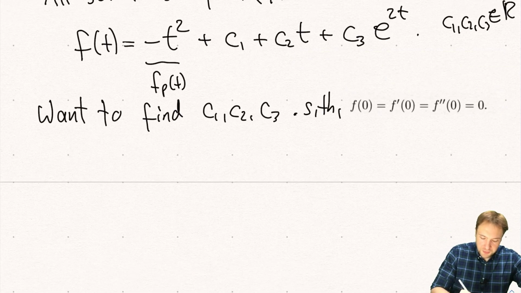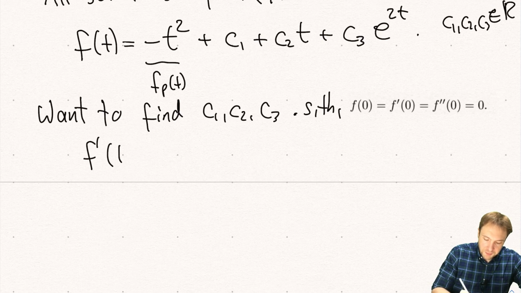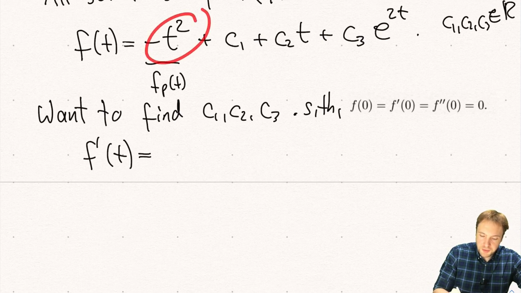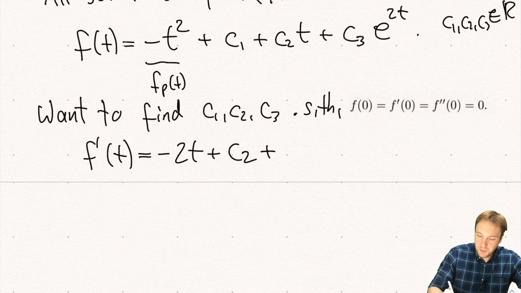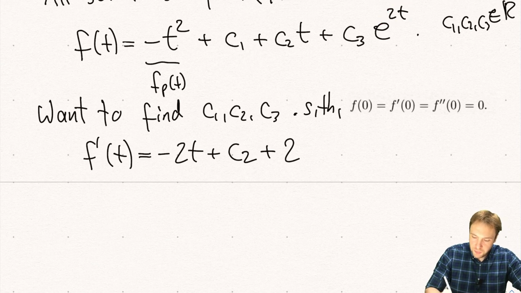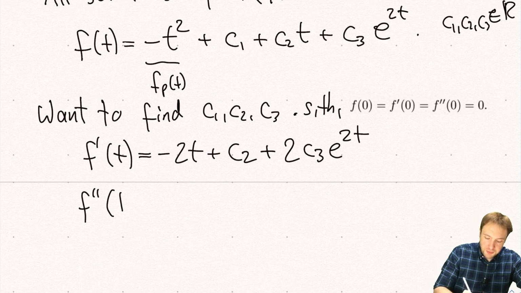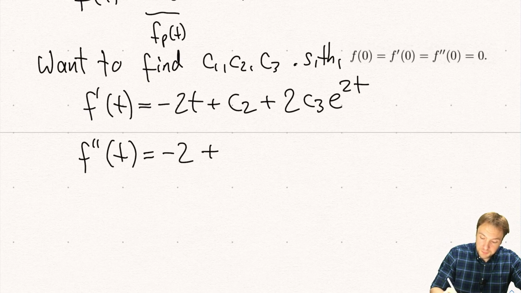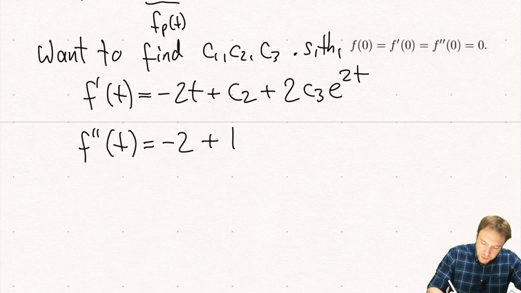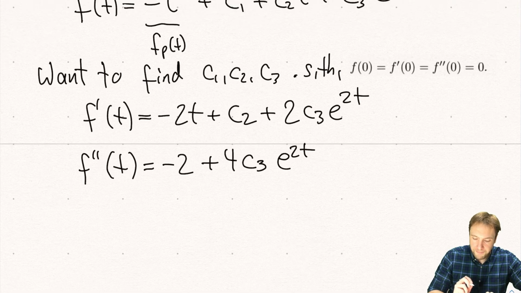So let's first consider the first derivative: this is minus 2t, this c1 vanishes, so this is just c2 here, and here we get a factor 2, so this is 2 times c3 e to the 2t. And the second derivative is minus 2 plus, where this c2 vanishes, and for c3 we get another 2, so we get 4 c3 e to the 2t.